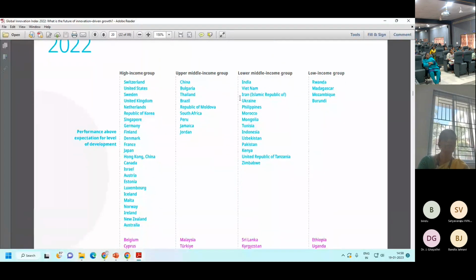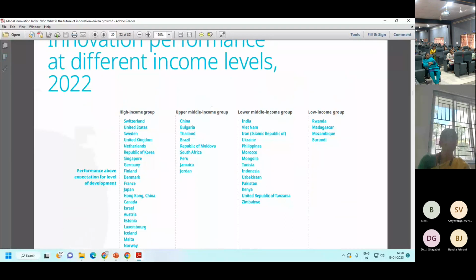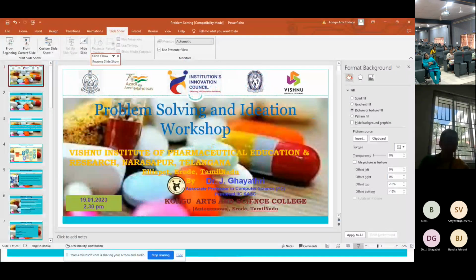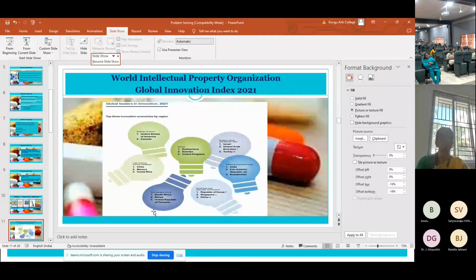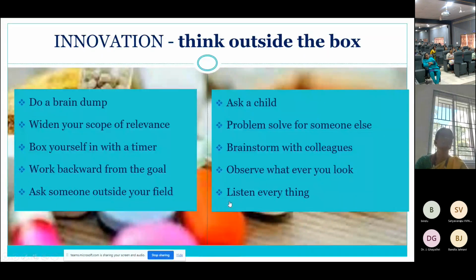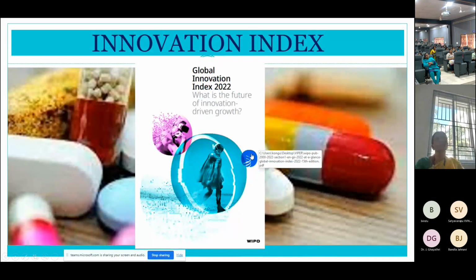In the lower middle income group, India is coming first in the innovation index. So this is what is about global innovation index.